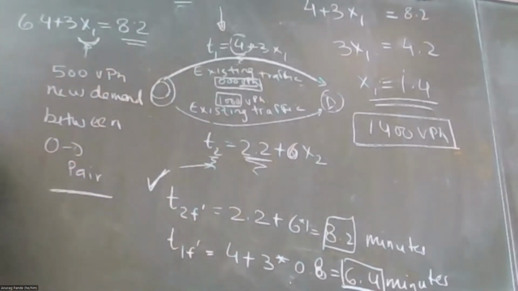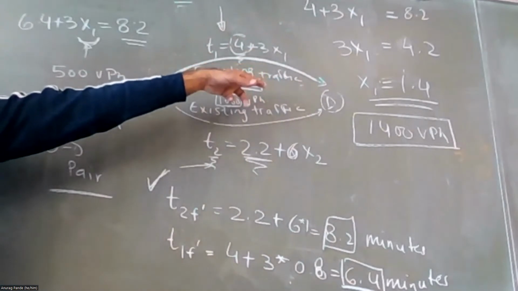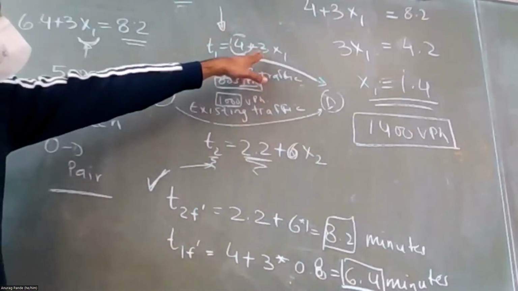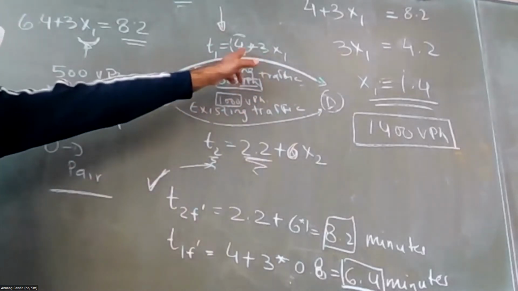My threshold is 600, so everybody should just take this route. My total demand on this route would be 800 plus 500, 1300.